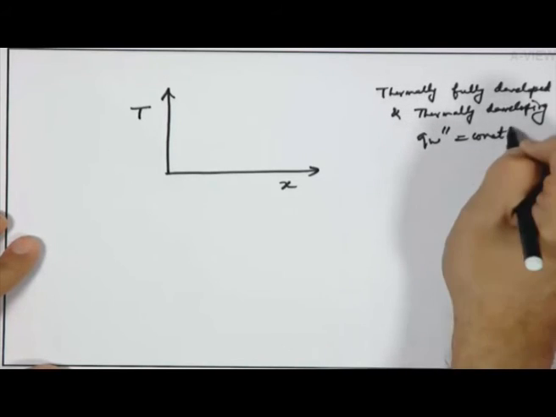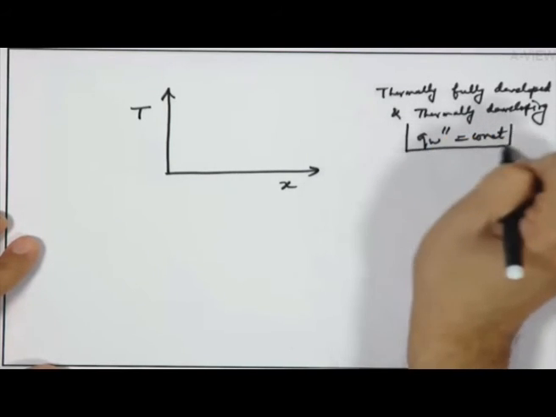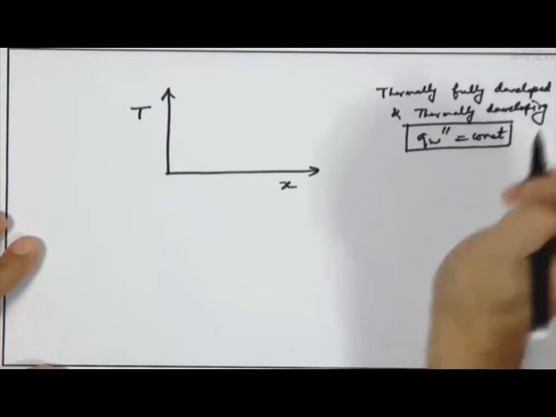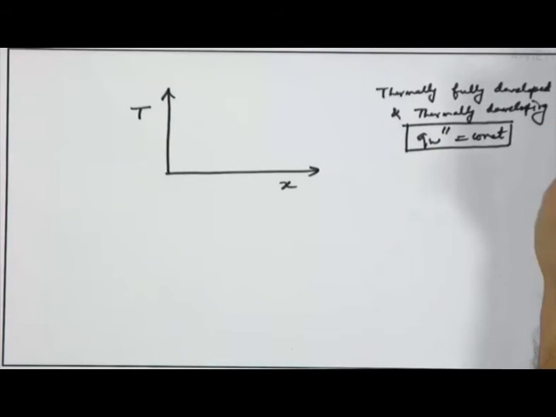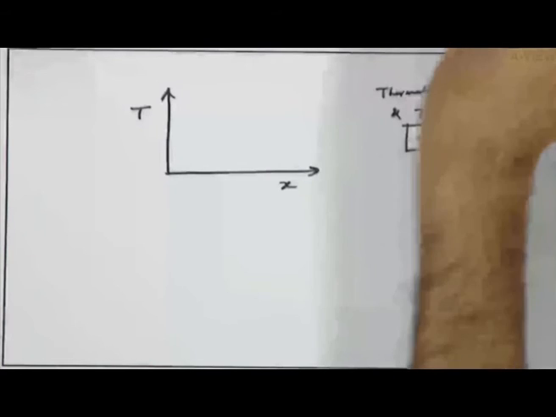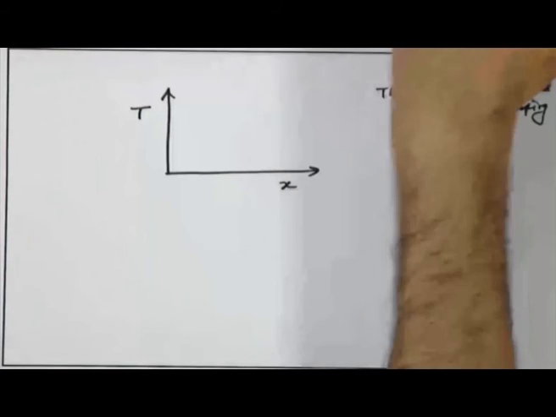This is the boundary condition. Let us assume that the wall temperature is higher. First let us consider the energy balance. We start with the energy balance.